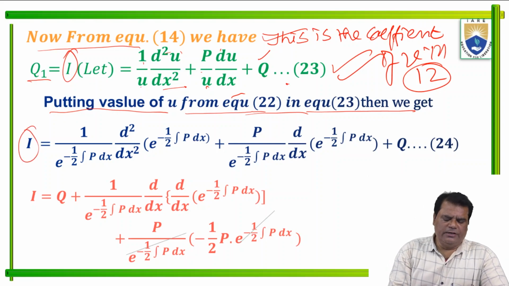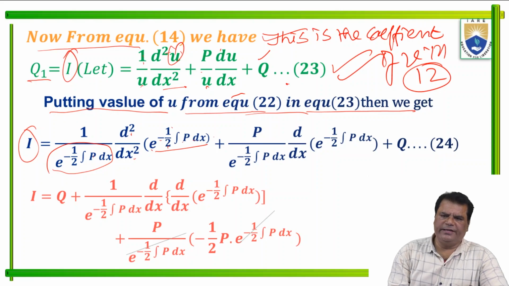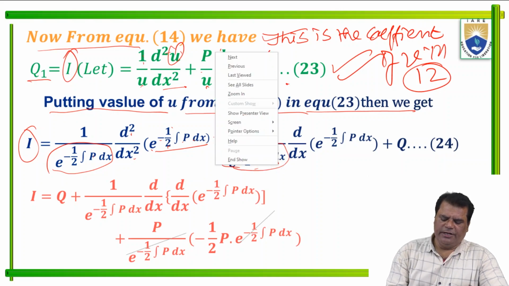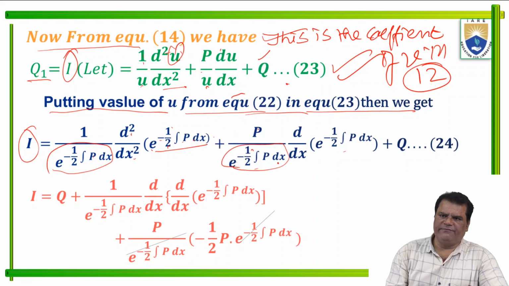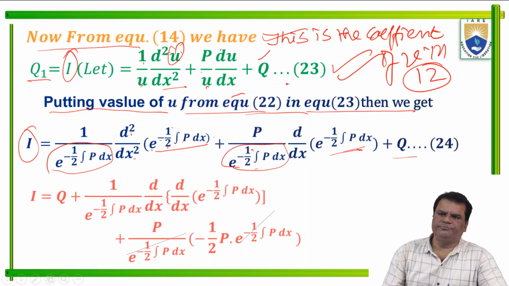So now I is equal to 1 upon u, where u is e to the power minus half integral p dx, times the second differential d2 over dx2 of e to the power minus half integral p dx, plus p upon u times d over dx of e to the power minus half integral p dx, plus q.